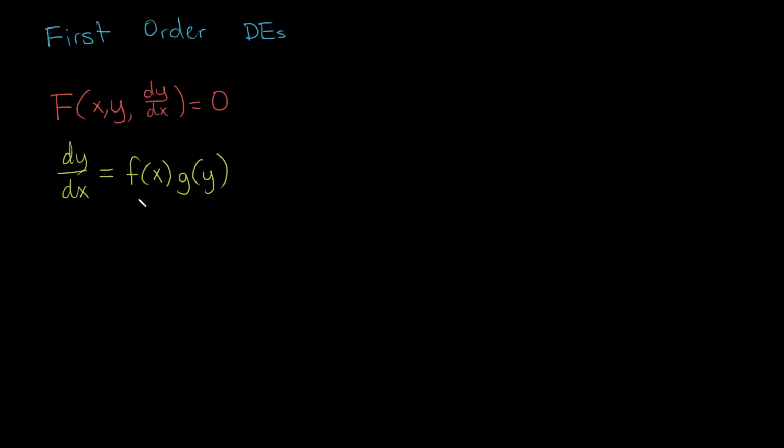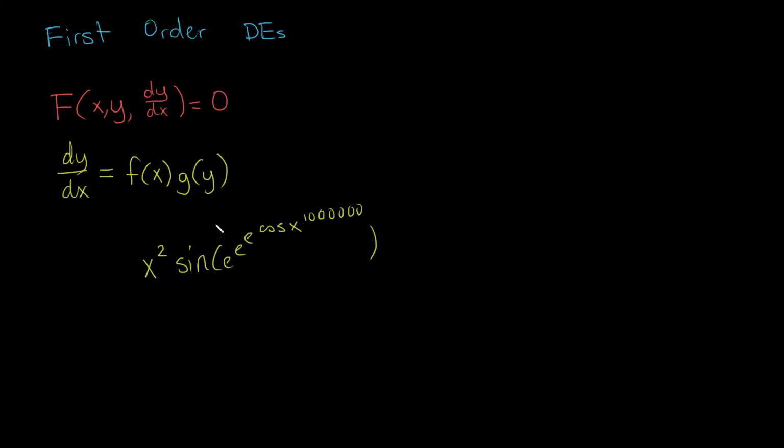F has to be a function of only x's. It could be x squared sine of e to the e to the e to the cosine of x to the 1/millionth power. This is fine. But it can have no y's anywhere. And similarly, g of y can be whatever crazy function you want of y, but it can have no x's in it.